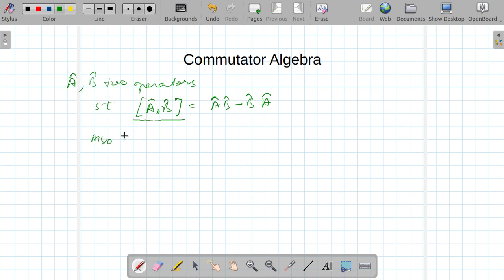This is the definition of commutator. Also, the commutator of B and A can be written as BA minus AB. Now let us discuss certain properties.